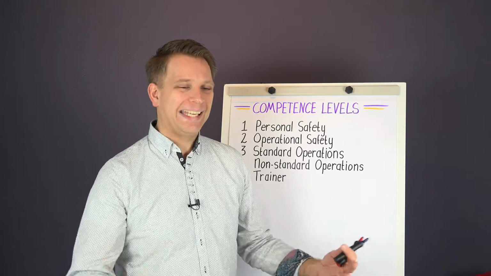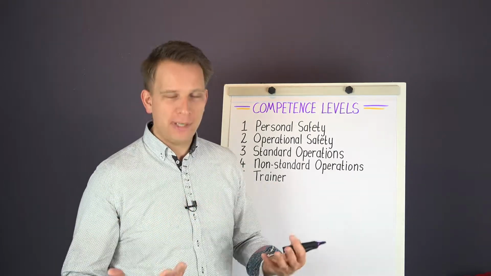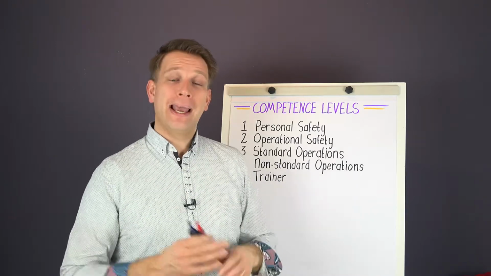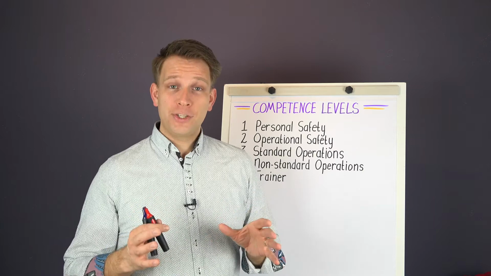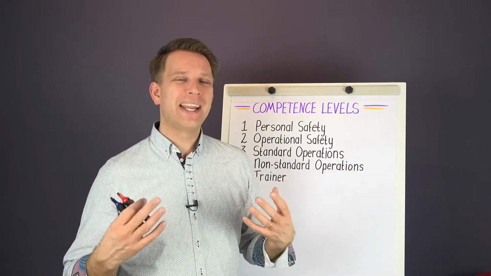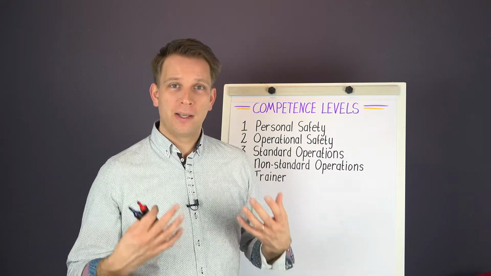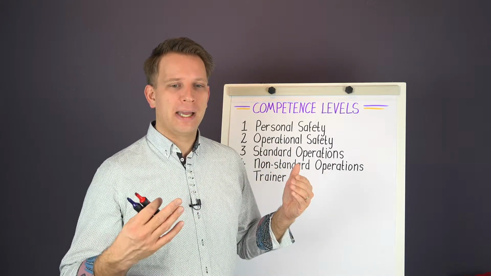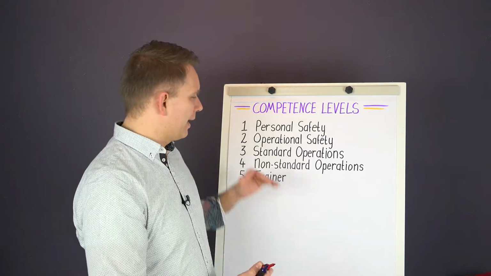If you have a line that needs 3 operators, of course, they still need to be with the other 2. But this is someone who doesn't really need guidance, and who in basic conditions, so the normal, everyday, every week type of stuff that you expect on this line, can just run it. You don't really need to have anyone else there anymore.